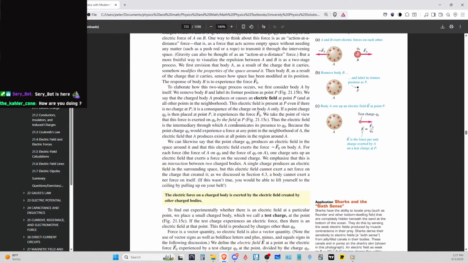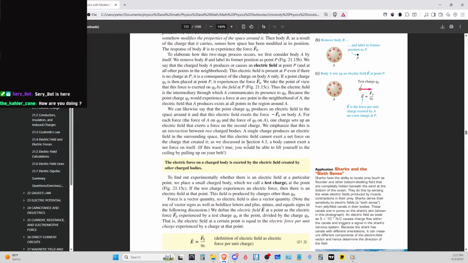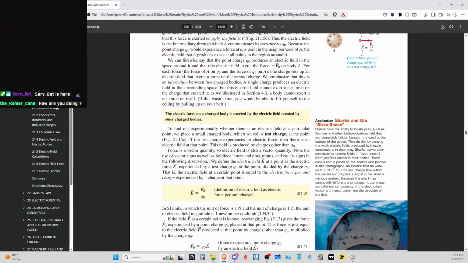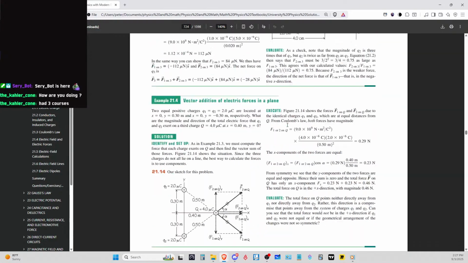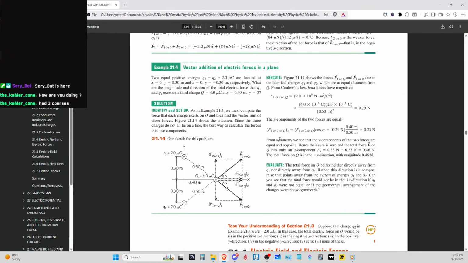So here we go. Electric fields. The electric force, let's see. Hold on, I want to reread this again. From the symmetry we see that the y components of the two forces are equal and opposite. So maybe it's sort of like a linear algebra type of thing, like a system of equations, so they probably cross each other out.